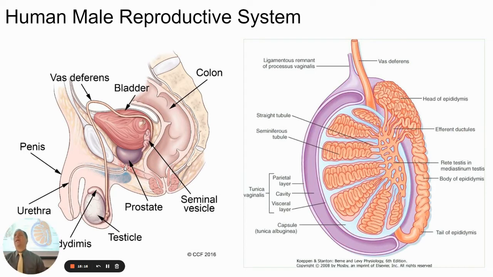Does anyone know the name of if a man wants to not be able to have children anymore? A permanent means of contraception. What is it called? Yeah, vasectomy, and it comes from this term, vas deferens.